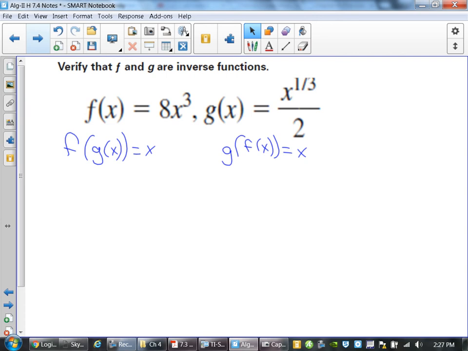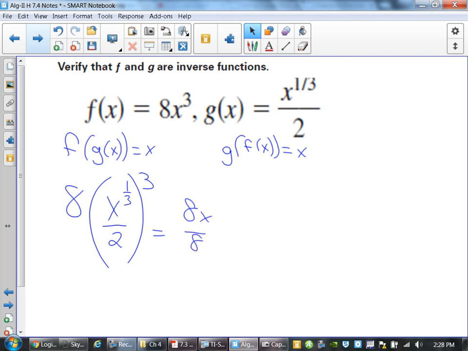Show me. So start with the g and surround it with the f. X to the 1/3 cubed, x. 1/2 cubed. You get x.